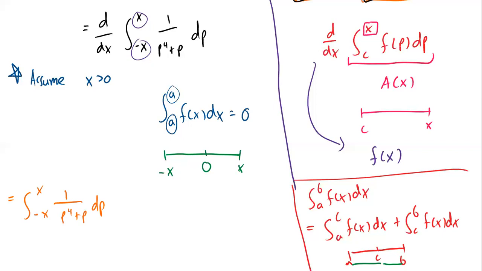Since 0 is between negative x and x, this is the same as the integral from negative x to 0, 1 over p to the 4th plus p dp, plus, now we want to go from 0 to x so that the intervals add up to the original one. And in my math lab, they gave you this hint that you want to rewrite it like this. So this is just basically explaining where the hint comes from.